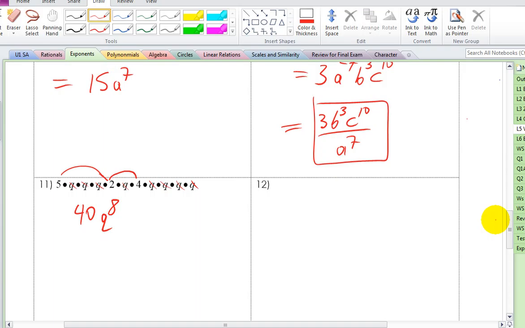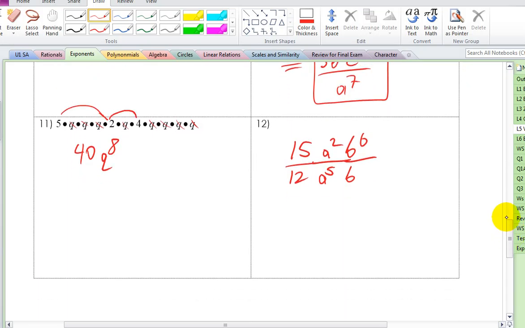Okay, sometimes you might get something like this. 15 over 12, a squared over a5, b6 over b. Okay, so this is a good example here. Not all the time, in fact very rarely, will your fraction completely disappear.